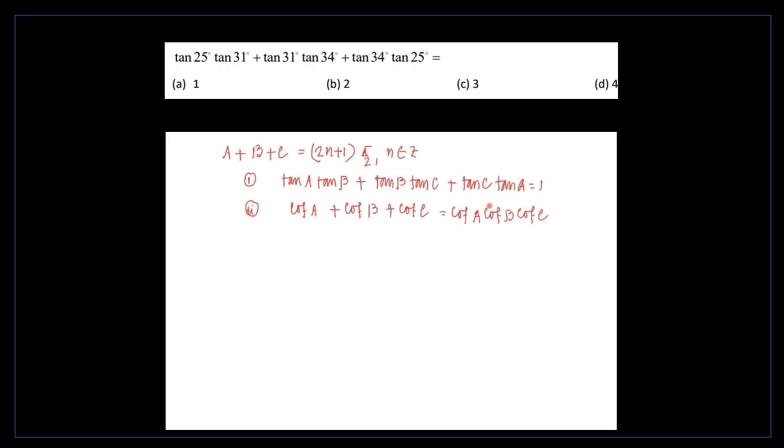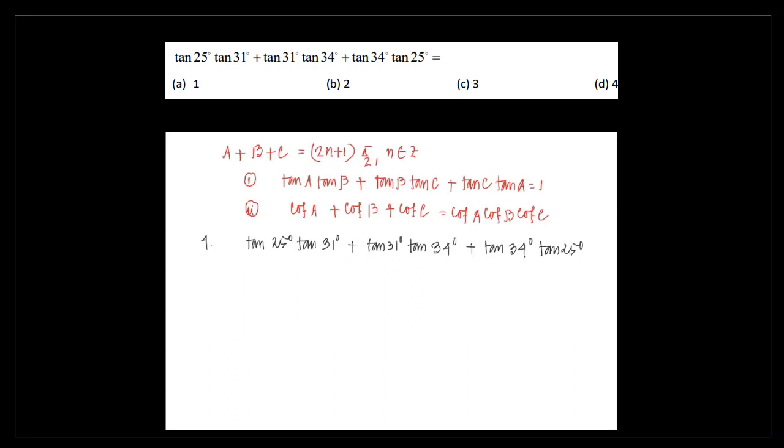If we take the next sum, it will be quite easy for us to understand. That is, here they have told us to find the value of tan 25 degree into tan 31 degree plus tan 31 degree into tan 34 degree plus tan 34 degree into tan 25 degree.